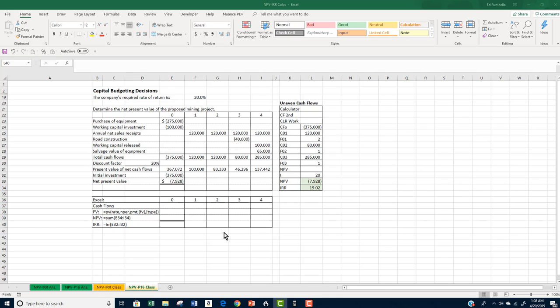Finally, let's do the same problem with Excel. To present value the cash flows for year 1 through year 4, use the formula that's shown here. Since time zero is today, the $375,000 is the present value of the initial investment, and it's entered in as a negative. Place your cursor in year 1 and point and click for each of the variables needed.